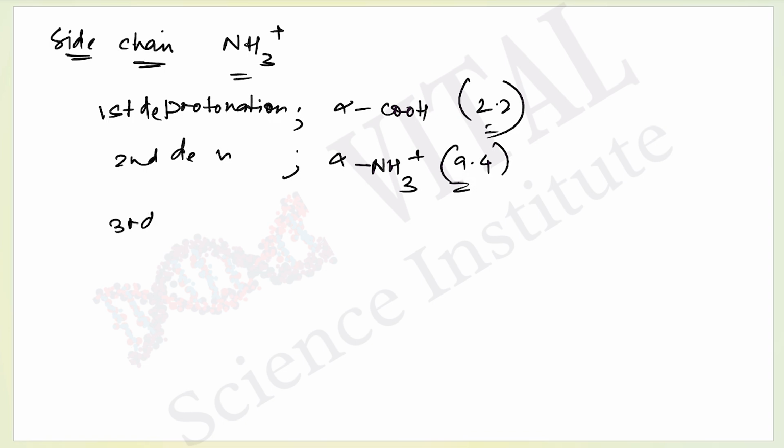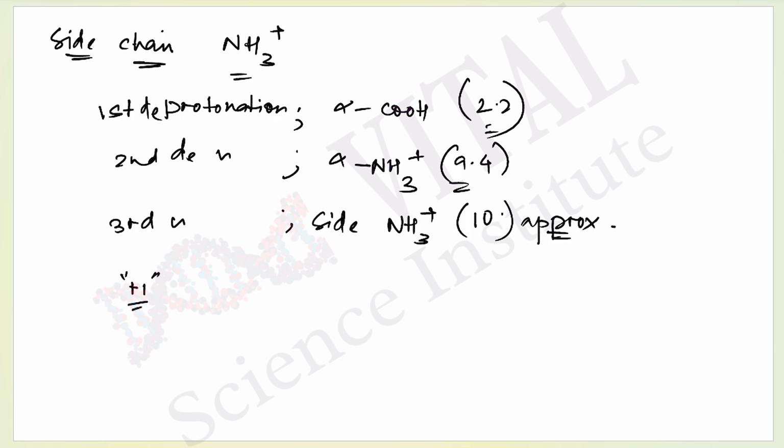The third deprotonation will start from the side chain amino group, near about 10. Therefore, if we release the H plus from the alpha carboxyl group, the charge will still be plus 1. So the net charge 0, the zwitterionic state, will be achieved in between the deprotonation of the alpha amino group and the deprotonation of the side chain amino group.